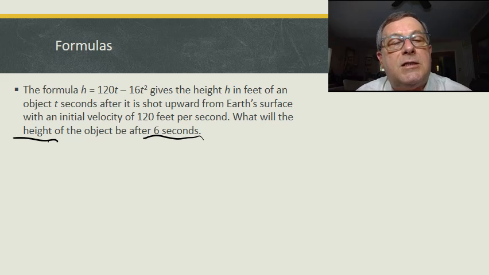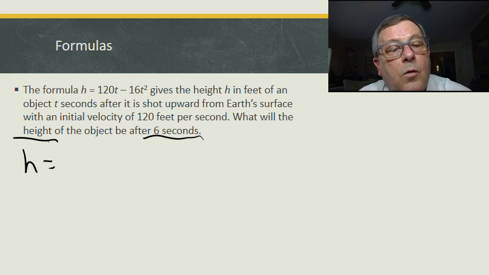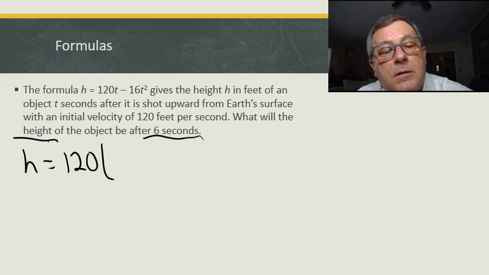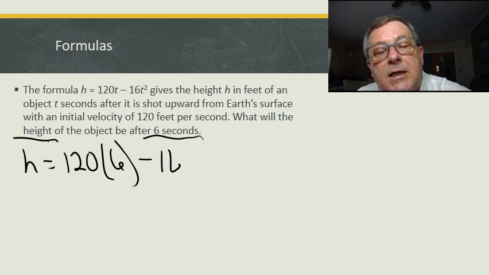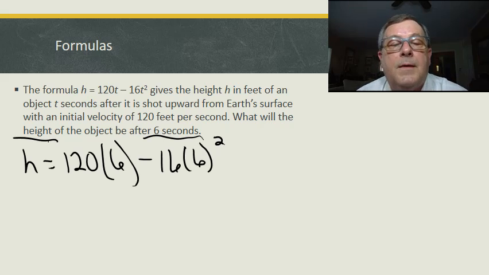So let's substitute in for what we know. So we've got H equals 120 times 6 minus 16 times 6 squared. All right, so let's see here.